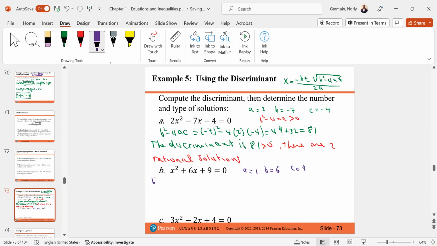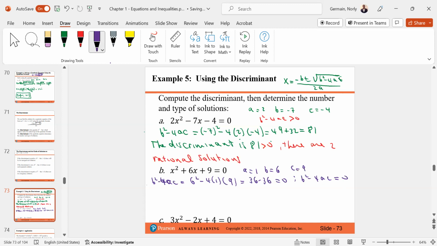If you do b squared minus 4ac, it gives you 6 squared minus 4 times 1 times 9. So it gives you 36 minus 36, which is 0. So you end up having b squared minus 4ac equal to 0.